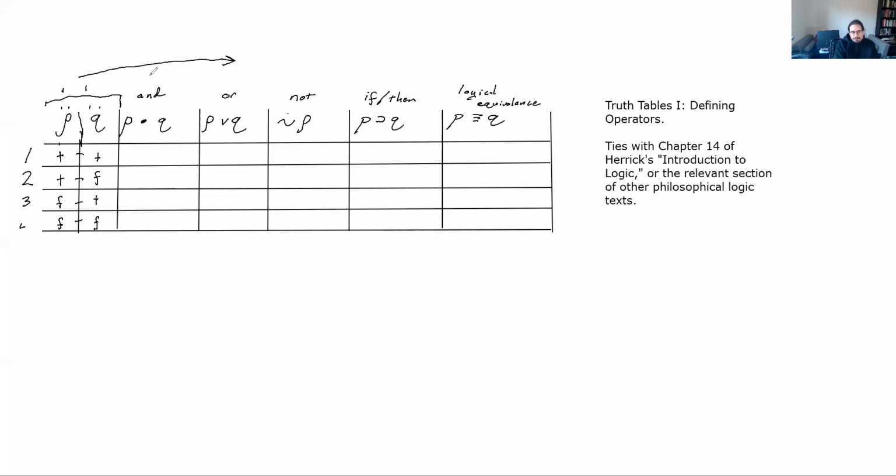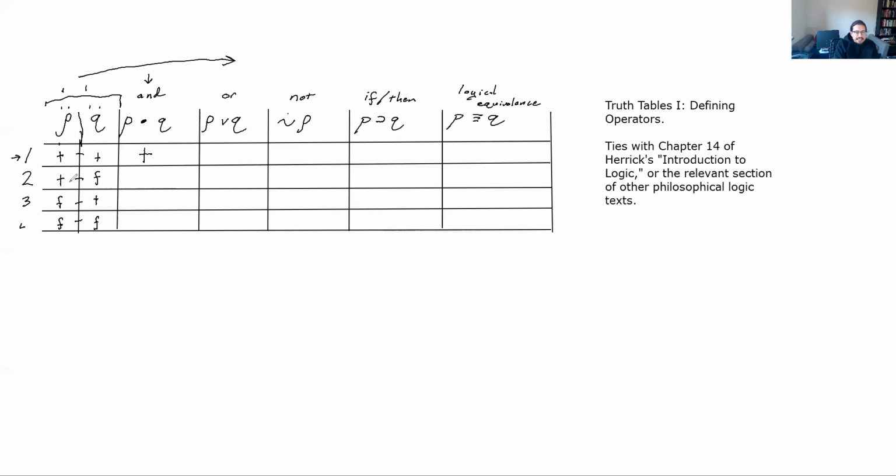What is the truth value for this formula when P is true and Q is true? Now, again, the meaning of P and Q is that both P is true and Q is true. And so when P is true and Q is true, we are fulfilling that condition. And so we can say that P and Q is true.